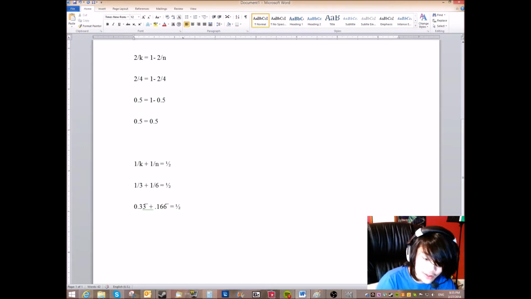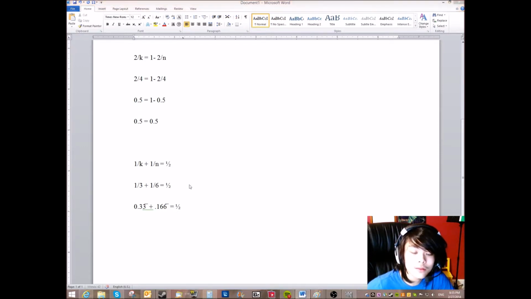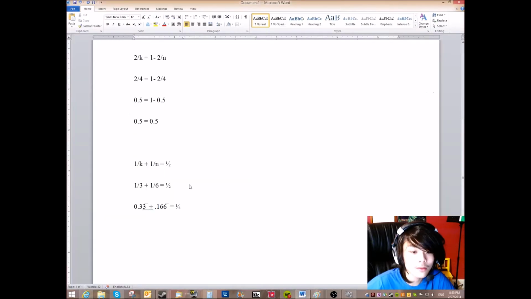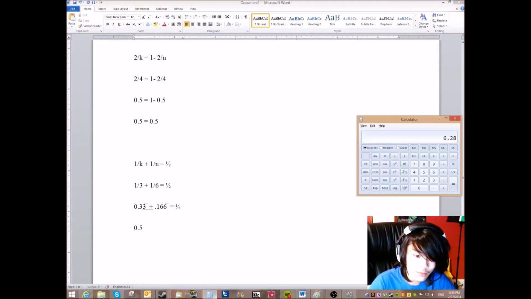And if we add those together, what do we get? 0.33 plus 0.166, it'll get to around 0.5, and if you get a little deviation, that's just because of a slight rounding error, equals 1/2, which is checking out with our equation.